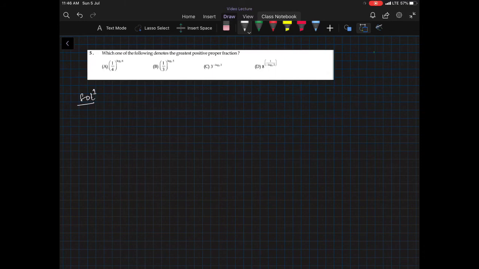Right. In question number 5, we will find the value of each option and compare. Then only we will come to the solution of this question. So option A, that is 1 by 4 to the power log 6 base 2. We know that if we make the base same, then it will become easier. So 1 by 4 can be written as 2 to the power minus 2, right, 2 to the minus 2 whole to the power log 6 base 2.